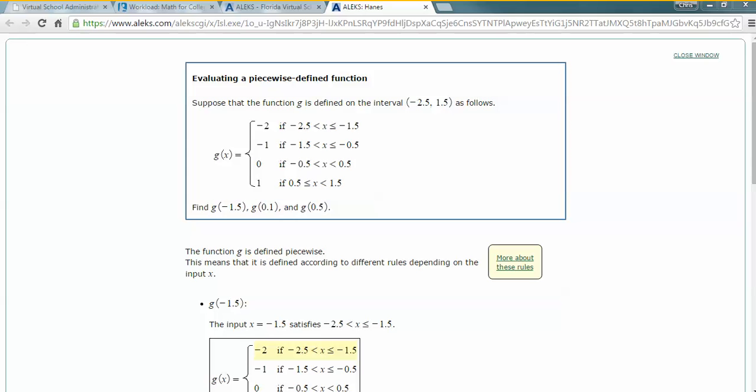It'll be -1 if -1.5 is less than x, which is less than -0.5. It'll be 0 if -0.5 is less than x, which is less than 0.5. And then it'll be 1 if 0.5 is less than or equal to x, which is less than 1.5.